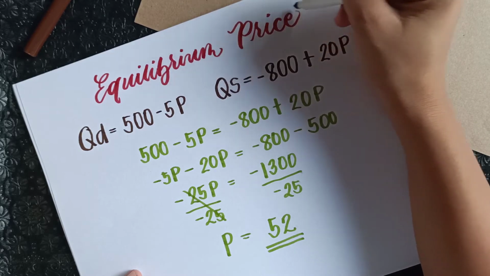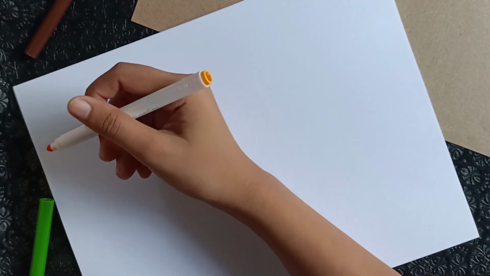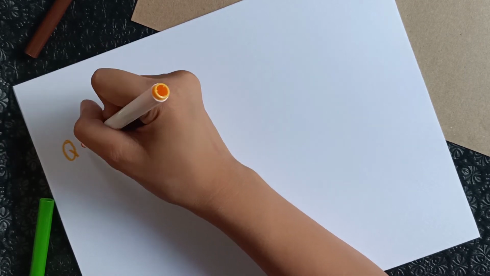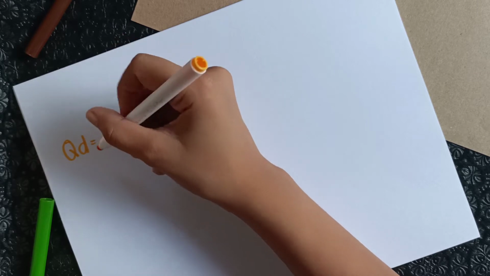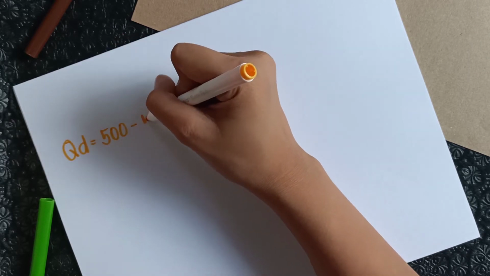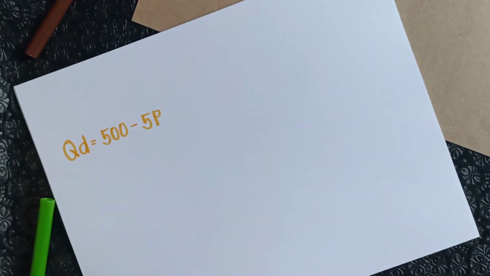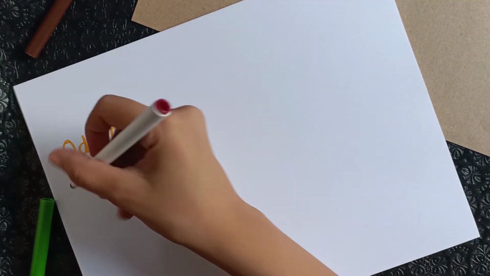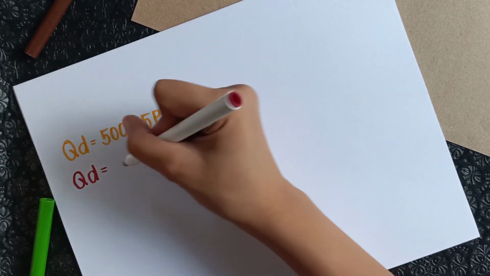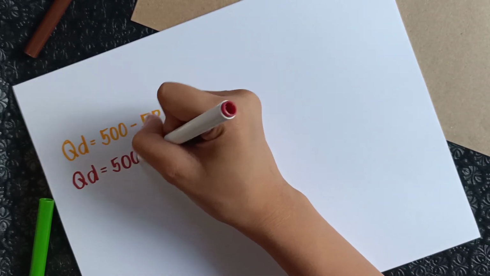After computing for the equilibrium price, we now go to the equilibrium quantity. Equilibrium quantity can be determined by substituting the price in the demand and supply function. In our example a while ago, the equilibrium price is equal to 52. We will just be substituting 52 in our demand and supply function. So let's start with our QD.